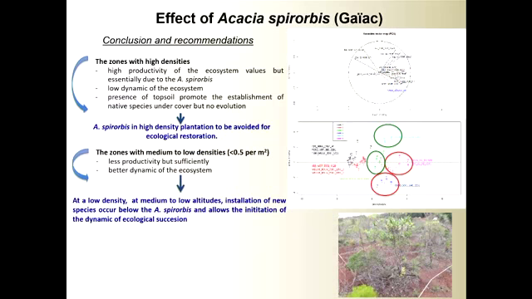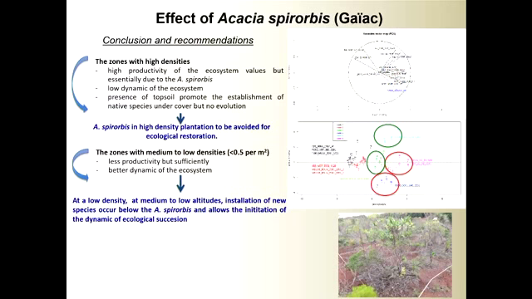So Acacia spirorbis in high-density plantation has to be avoided for ecological restoration, as the system led to a monospecific trend. In contrast, the zones with medium to low density of acacia have a lower but sufficient productivity of the ecosystem and present a better dynamic, both for the total number of individuals and total number of recruitments, and a high species diversity. It plays a role of facilitating plants and it enriches the soils in organic matter, especially nitrogen.